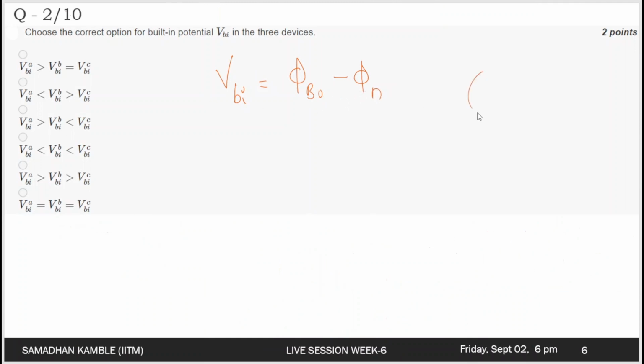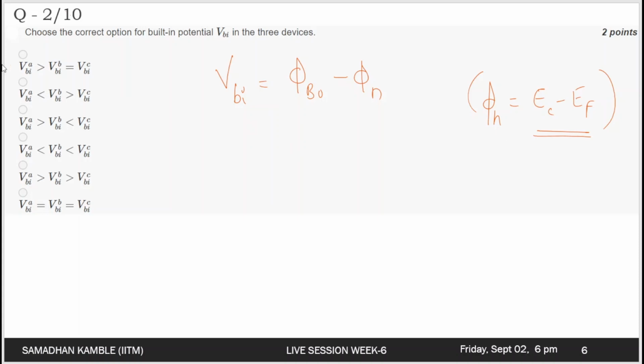Also we know that phi n is Ec minus Ef. This value, that is the Ec minus Ef gap, is a function of the doping concentration. As we increase the doping, the Fermi level moves closer to the conduction band, and hence the phi n value decreases.